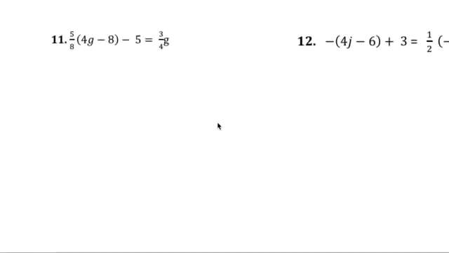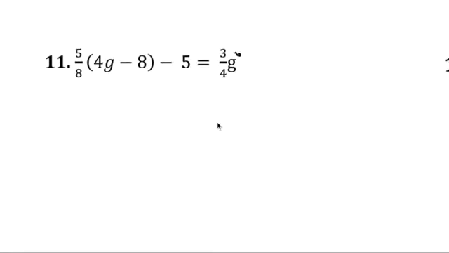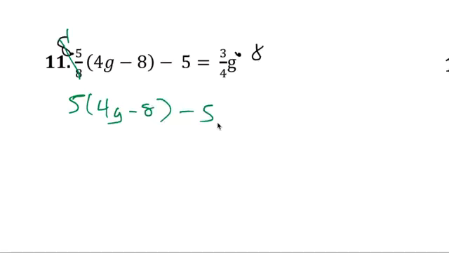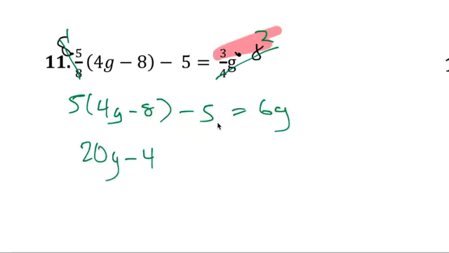Okay. Then let's solve this. Number 11, common denominator is 8. Multiply it by 8. Divide. Cross canceling. We call this cross canceling. Multiply these together. Get 20g minus 40 because we distribute.